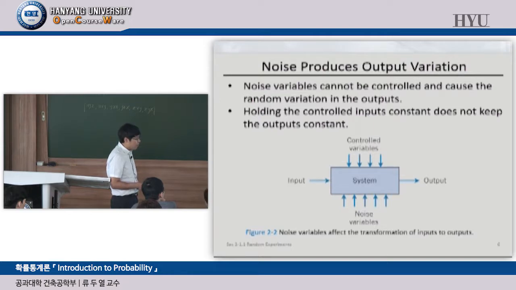And due to the noise variables, even though we provide a constant input to the system, the output will be varied or changed, which means that we cannot obtain a constant output due to the noise variables. So we have to take these noise variables into account based on probability.